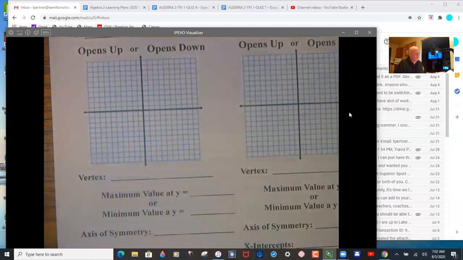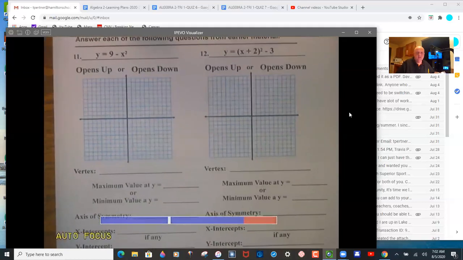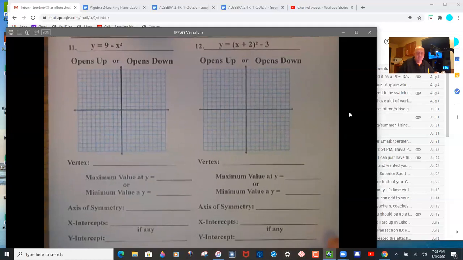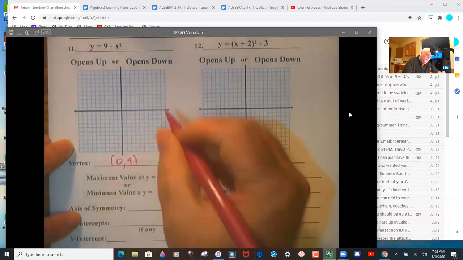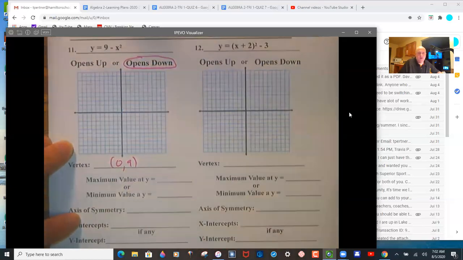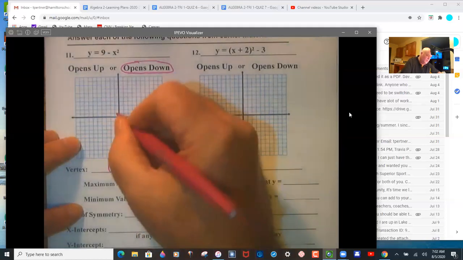So here we go. This will be the toughest spiral. And I put it on an easy quiz so that you'll probably get the quiz part done pretty quick so that you have time to do this. So 0, 9, this is going to open down. Just make sure A is negative 1, B is 0, C is 9 when you do this.